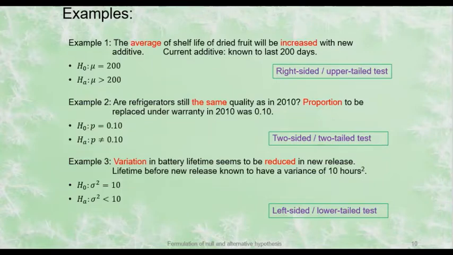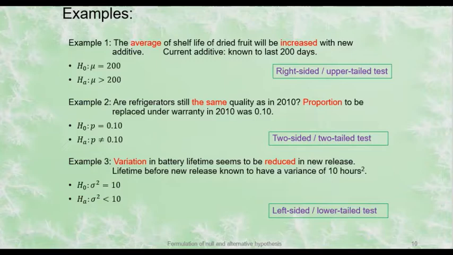We also went through these 3 examples. The first example: the average shelf life of dried fruits will be increased with a new additive. In the past, the average shelf life of dried fruits was 200 days.